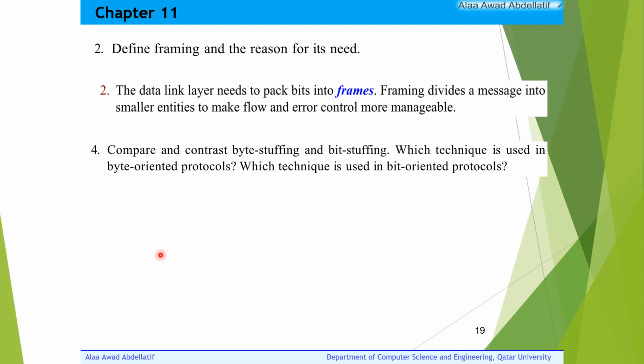Why do we need frames? To support flow control and error control. Instead of sending the whole message as one block or one file, where the receiver may be overwhelmed or overflow, I can send piece by piece so the receiver can receive and decode them correctly. So framing is the process of dividing the message into smaller entities, and we use frames to support flow control and error control.